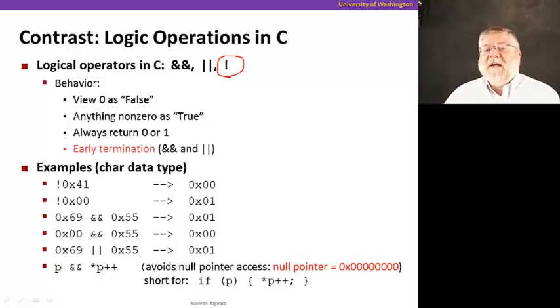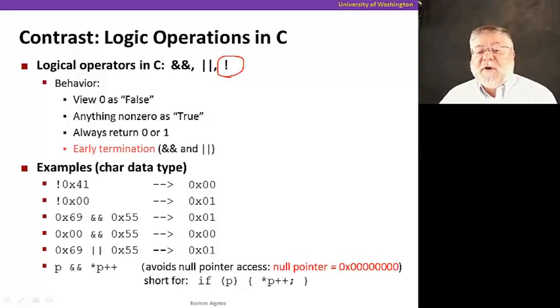So how does this early termination help? Well, for example, suppose that we're looking to increment the value at which P points. P is a pointer to a particular value. And what we're concerned about is that we actually do have a pointer and that our pointer isn't null or all zeros.